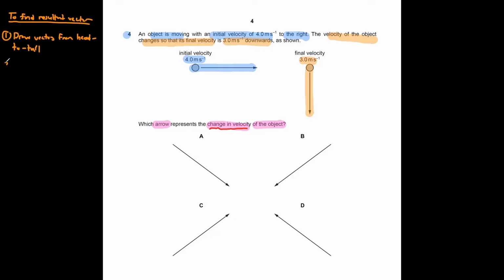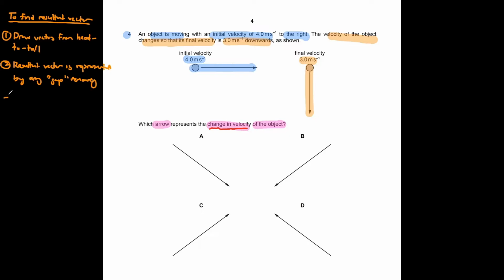Okay, and then after that, the resultant vector is represented by any gap that you see remaining.